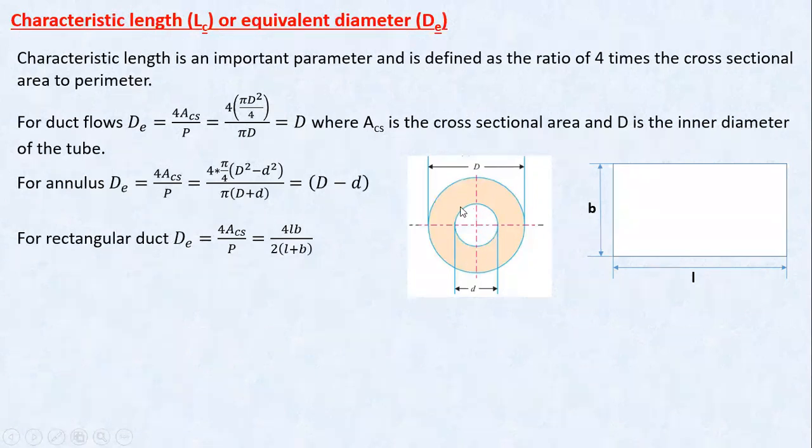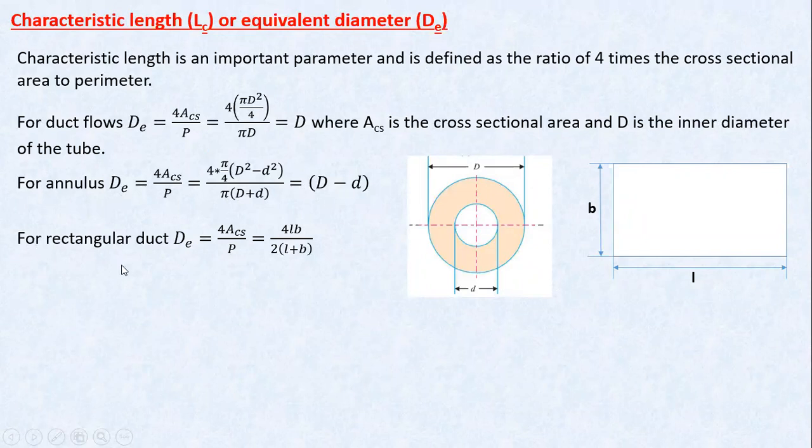Perimeter here means the surface with which the fluid is in contact. Now we can see here the fluid is in contact with the outer surface as well as the inner surface. So it is given as pi into capital D plus small d. And we get for the annulus flows, the equivalent diameter is capital D minus small d.